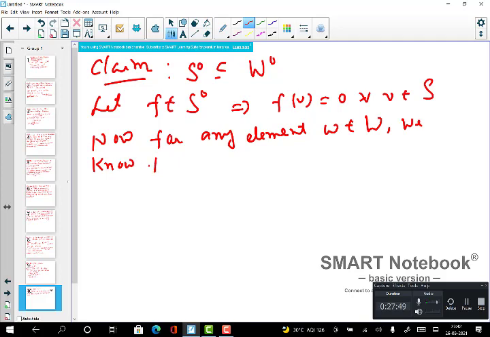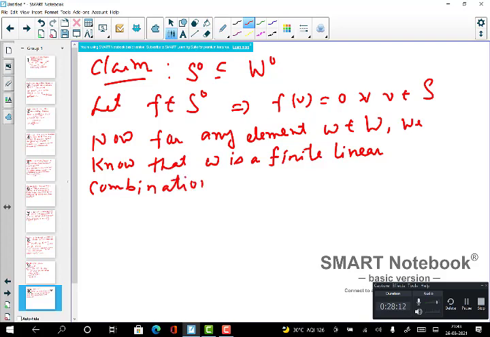You know that a small w is a finite linear combination of elements of S, right?